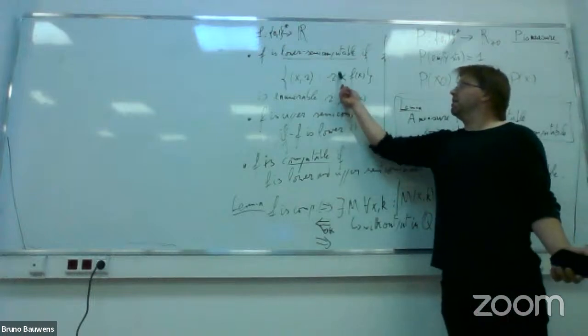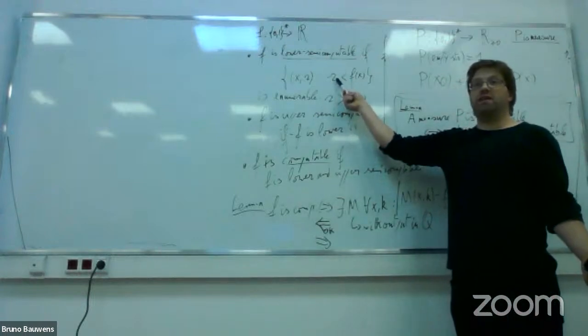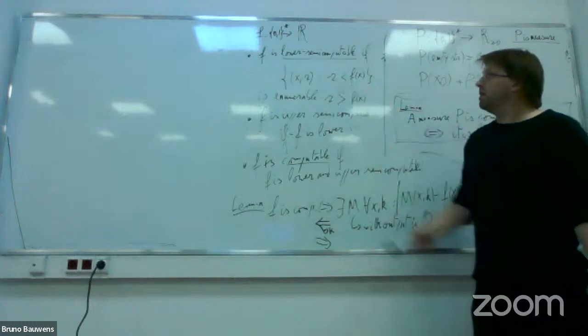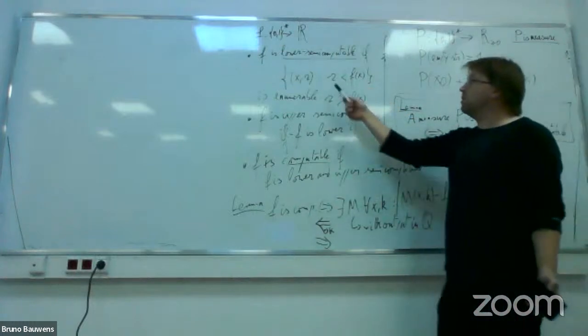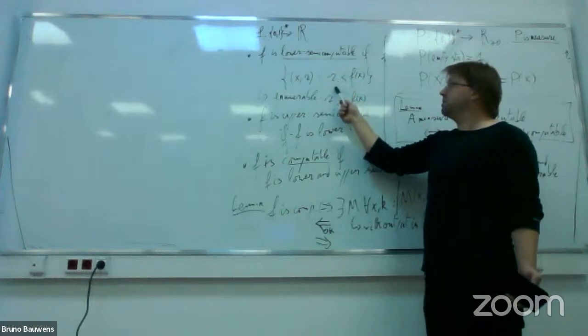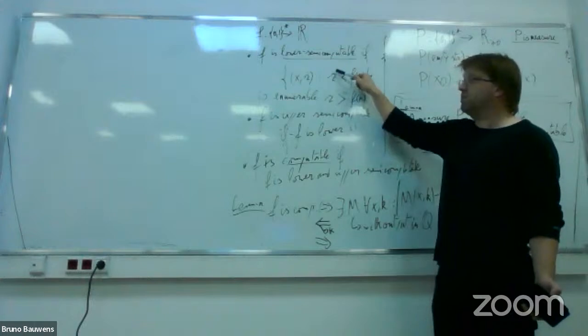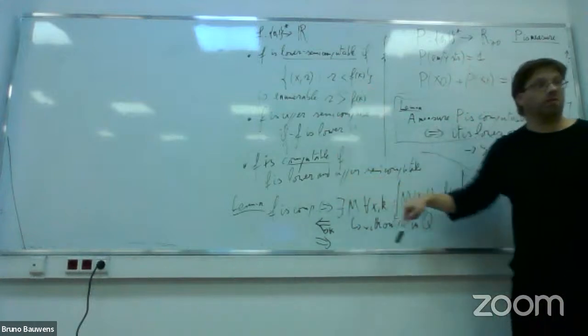So we can enumerate all rational values lower than the function value. And then the claim is, if I know all rational values that are lower, I also know all the ones that are higher, because we know that if we have both of them, then it's computable.